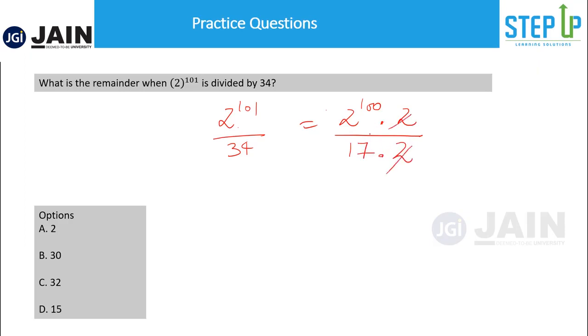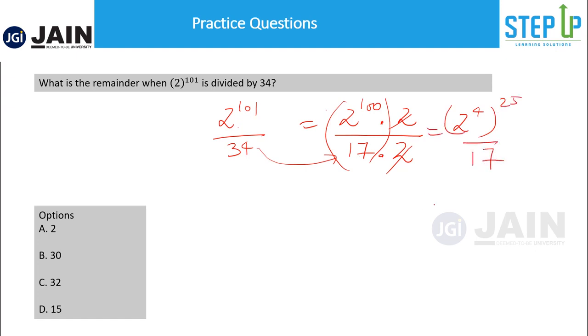So this 2 gets cancelled. Now remember, what you're doing is you are making the divisor from 34 to 17. That means you're dividing it by 2. So just remember this, because we will have to multiply the same in the final answer in the remainder, right? So now what you effectively get is 2 to the power 4 to the power 25 upon 17.